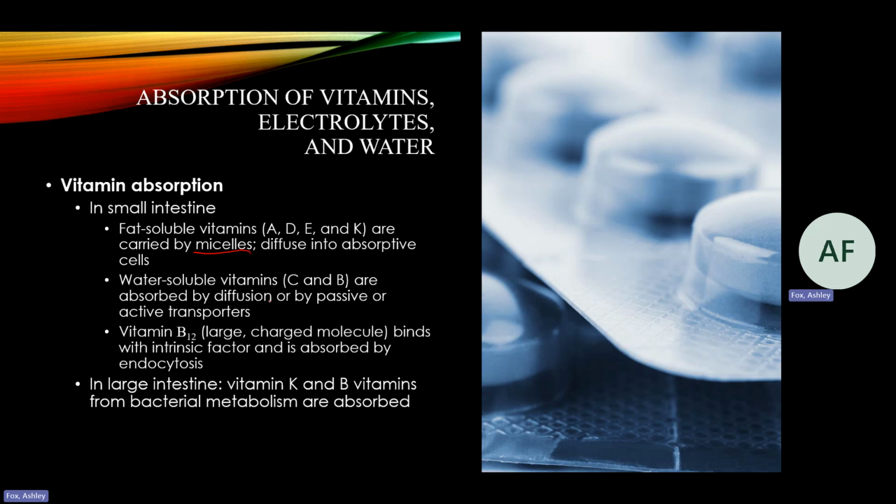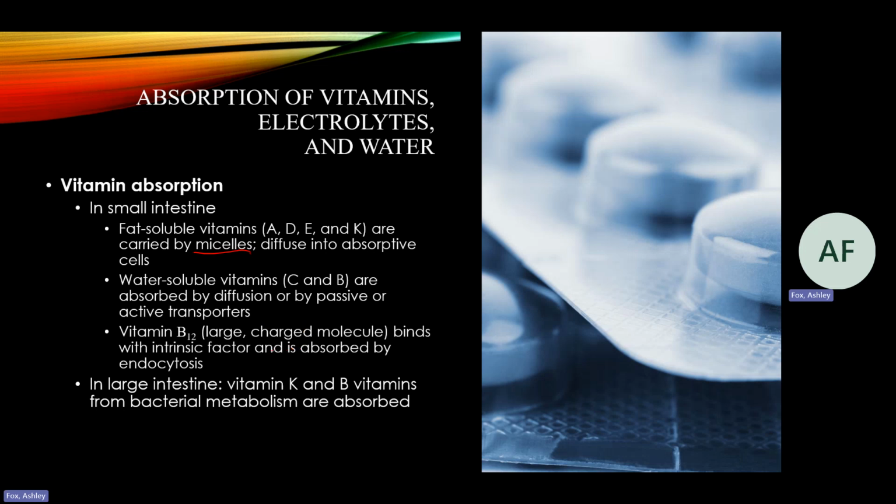They can be absorbed by diffusion, passively, or active. So they can have facilitated diffusion, regular diffusion, or active transport as well. Remember, vitamin B12 is large and polar, so it's a charged molecule.